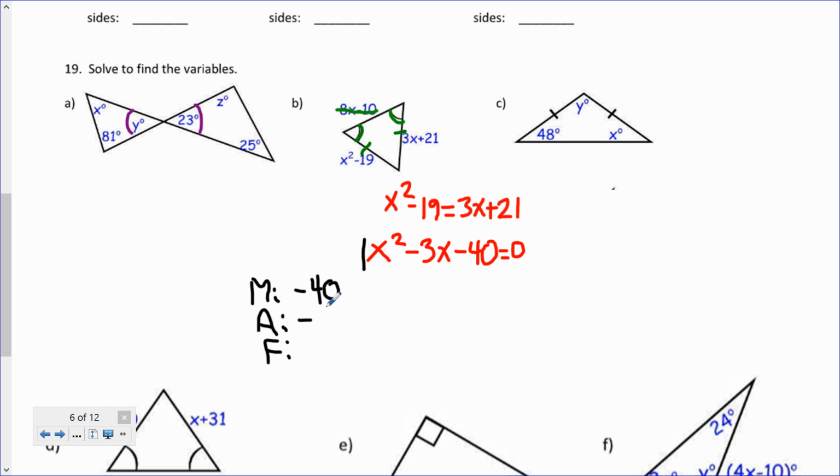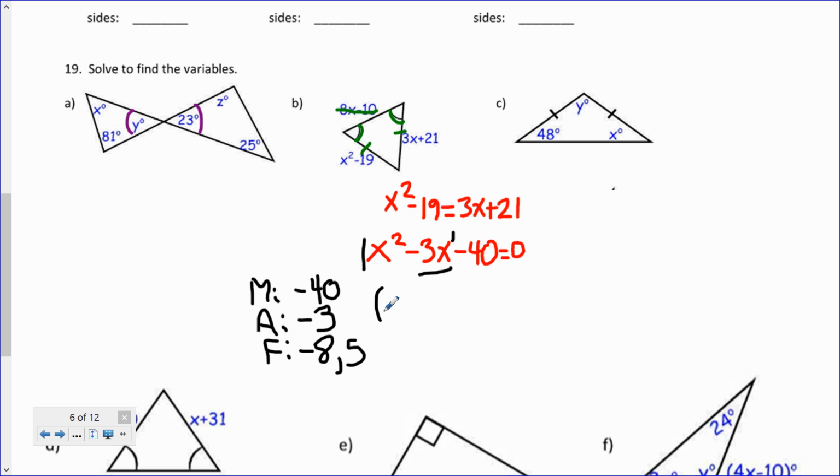A is your coefficient for the linear term. That's this term here in the middle with the exponent of 1. Now you have to think about what are your factors? What two numbers multiply to give you negative 40 and add to give you negative 3? So after some guessing and checking, you come up with negative 8 and positive 5.